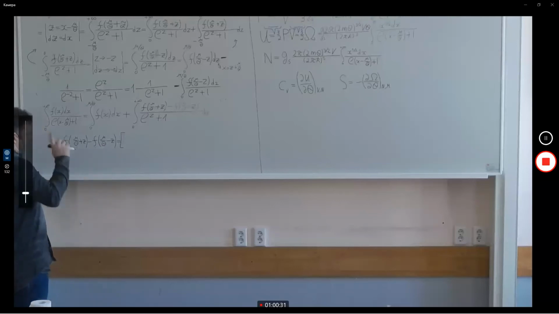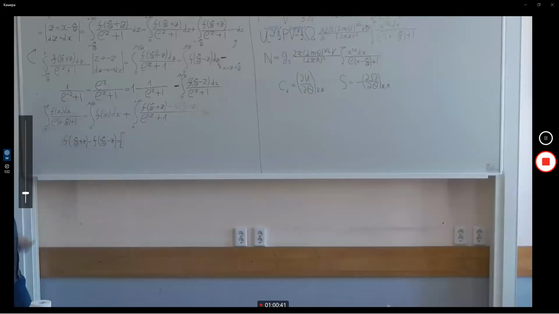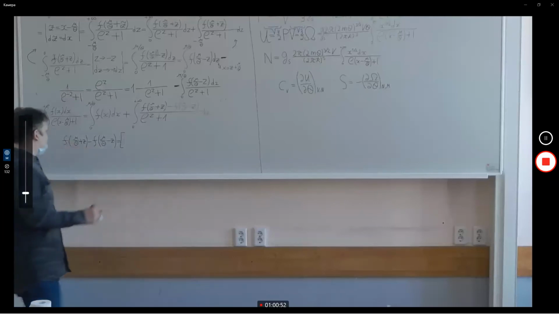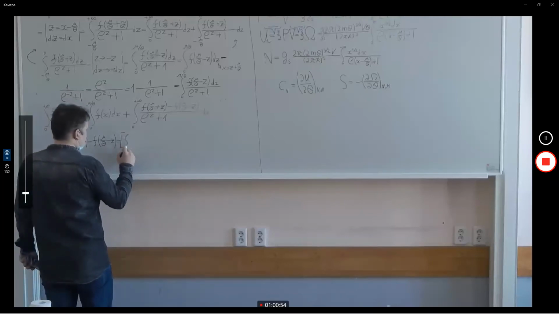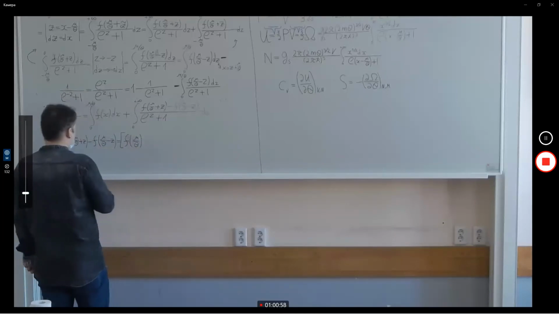Please note that the zero order vanishes identically. When I put z to 0, I have f minus f, and this is 0. So I have to keep track at least of the first order in z.